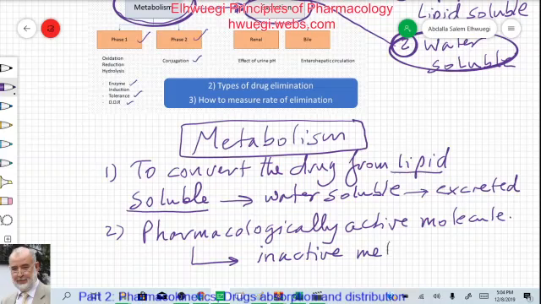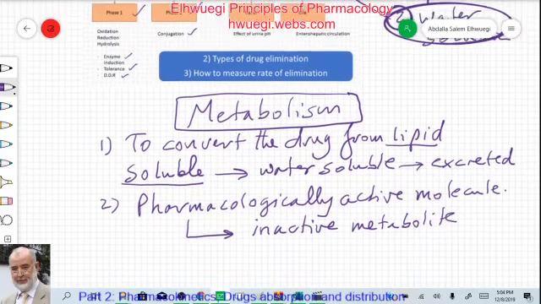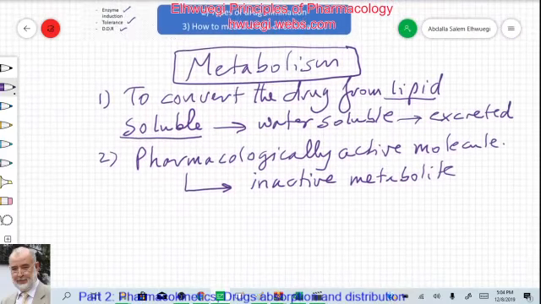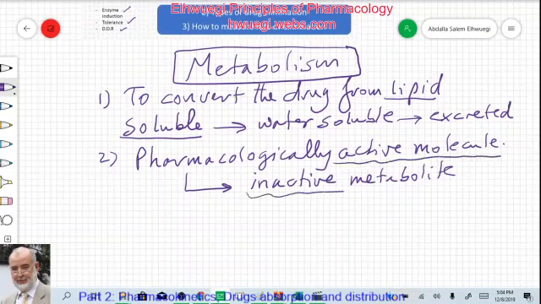This is in general. In general, metabolism will convert pharmacologically active drug to inactive metabolite, i.e. it has no pharmacological action. It produces no action.